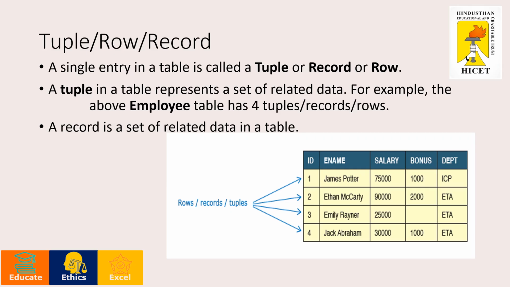All the information relevant to James Potter, that is his salary, his bonus, and department, comprises a single row. So the related information of James Potter is stored in row number 1, and subsequently the other information is also represented. So a single entry in a table with its appropriate set of related data is called a tuple or a record.